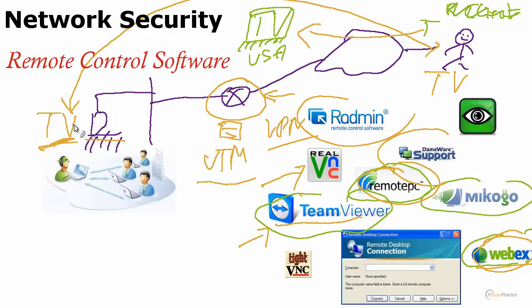TeamViewer is awesome. If you have never used that, I encourage you to try it. It is free for home users. It's awesome, and it's so easy to use. In my VPN training, I showed you how you can even create a site-to-site VPN using TeamViewer in like 5 minutes. It's awesome.